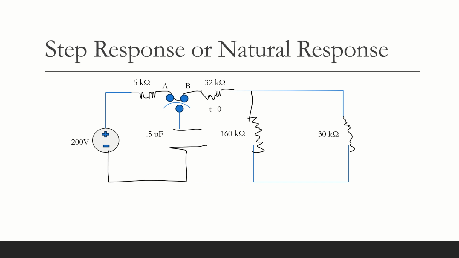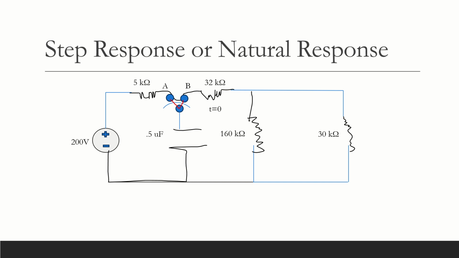So for the first slide, we're going to determine how to know if it's going to be a step response or a natural response problem. First you want to examine the circuit after the switch. So right now it should be like that, but after switching it'll be like this.